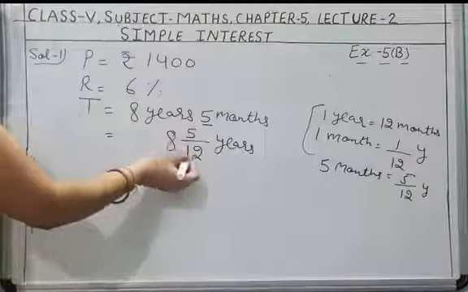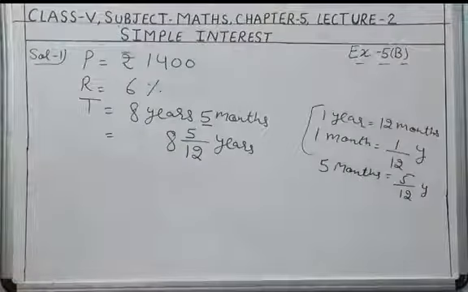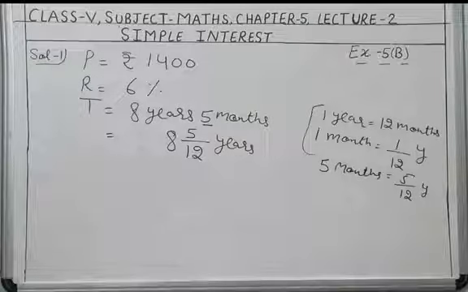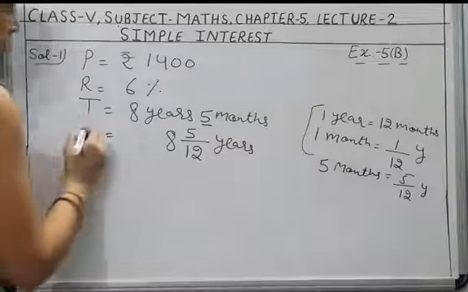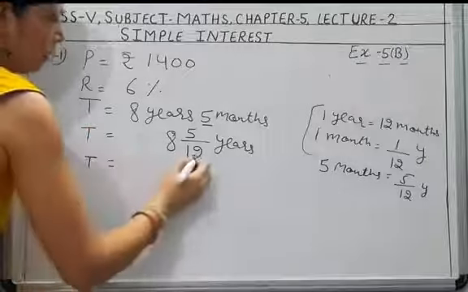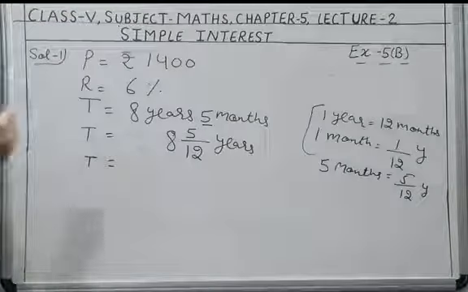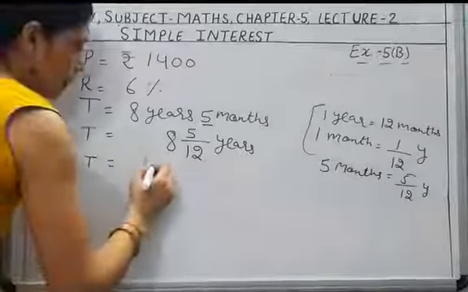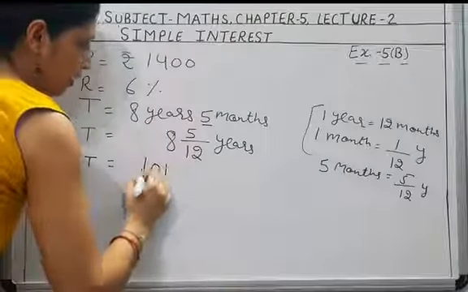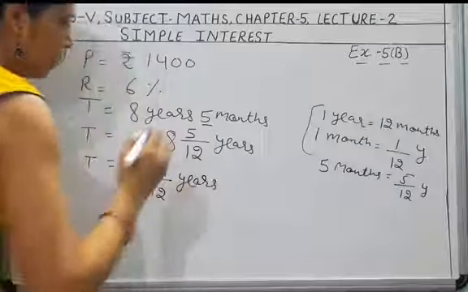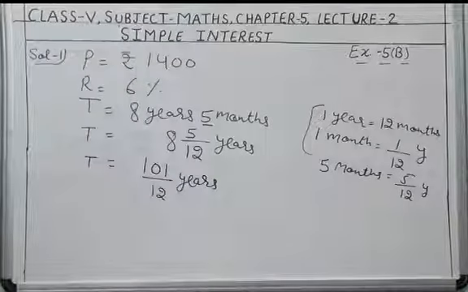Understood? That's why we are dividing it with 12. So whenever months is given, you have to divide it with 12 to convert it into years. Now time will become 12 8s are 96. 96 plus 5, 101 upon 12 years. This is the time.